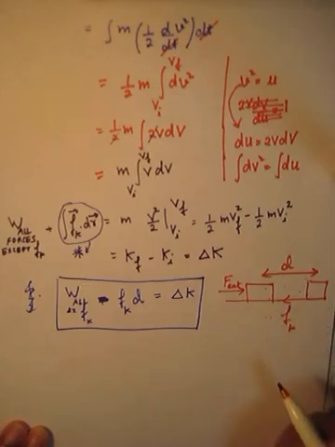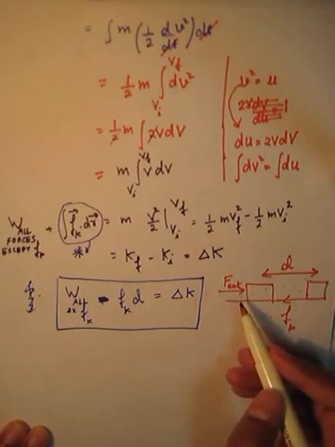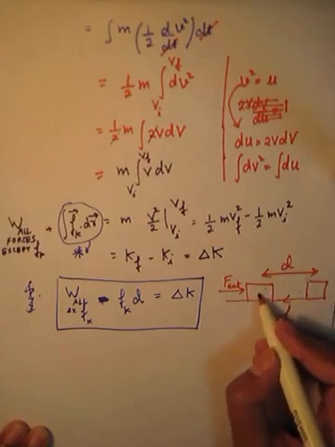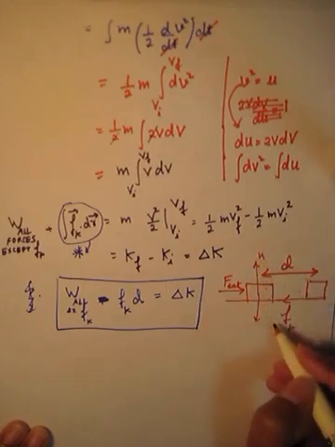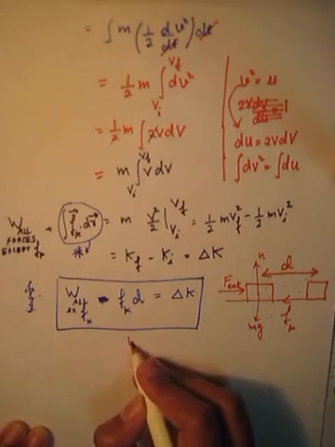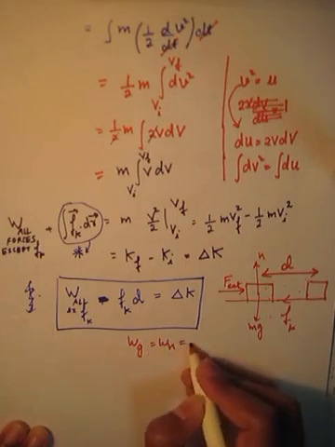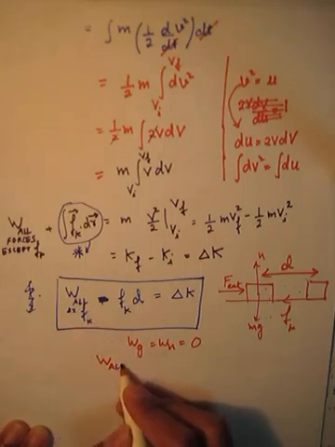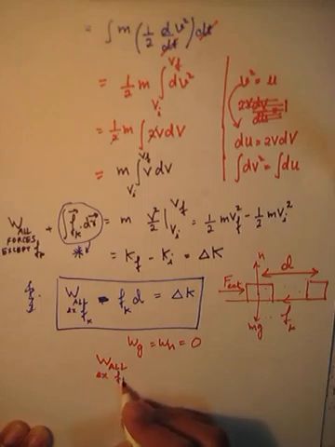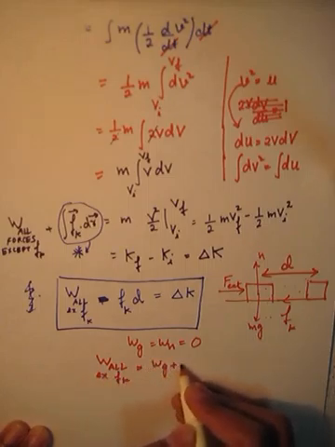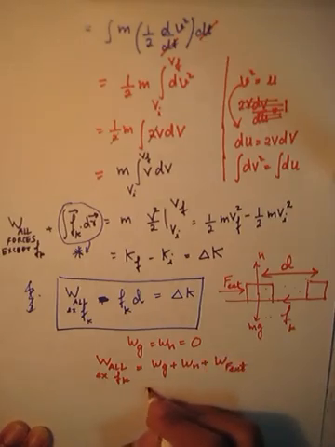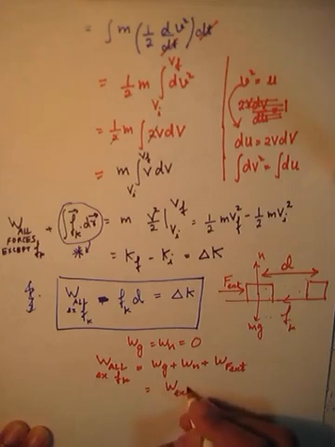In this situation, the work done is only done by external force, because the work done by gravitational force and the work done by normal force will be equal to 0. So it means that work done by all forces except kinetic friction will be work done by gravitational force plus normal force plus work done by external force. If the first two are 0, then the work done will only be by the external force.